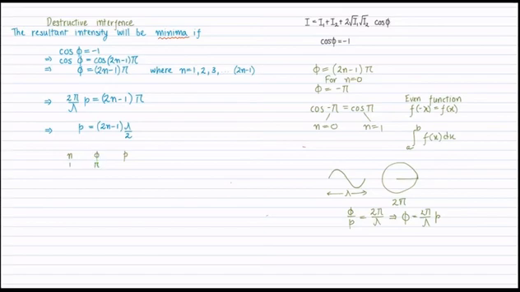Substituting the value of 1, 2 ones are 2, minus 1 will be 1, 1 times lambda by 2 will be lambda by 2. So when my phase difference is pi, my path difference will be lambda by 2. And since this is n equals 1, this will be my first order.